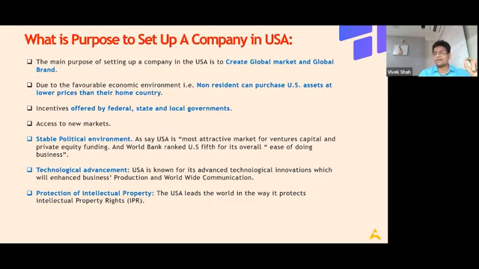The US is the only country, or maybe some other country, I don't know. But in the US, you don't need any resident director. So 100% foreign board of directors and 100% foreign shareholding is allowed for any type of entity in the US except the S corporation, which I will be covering later.